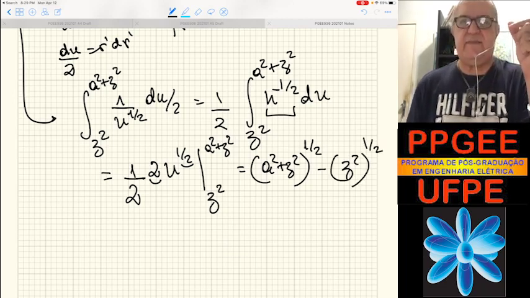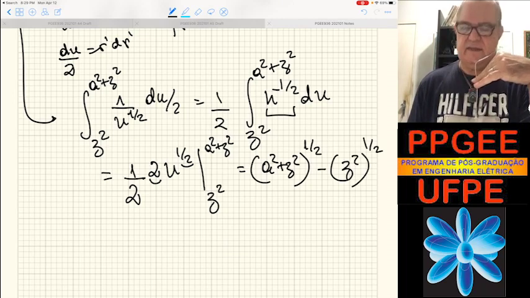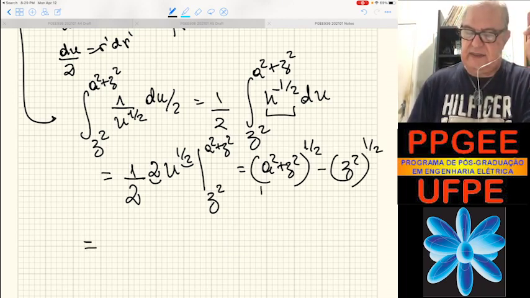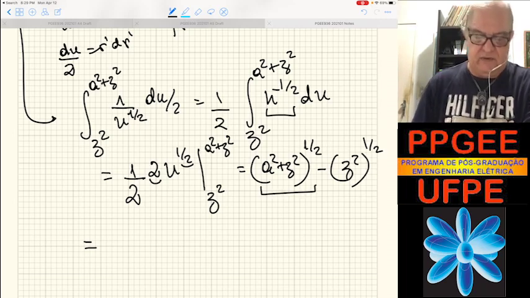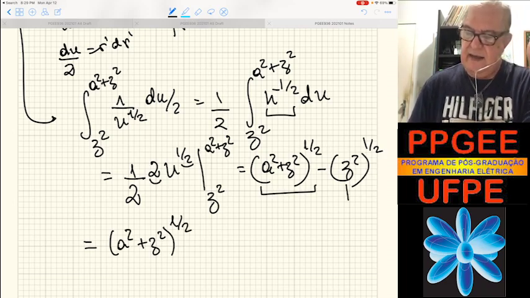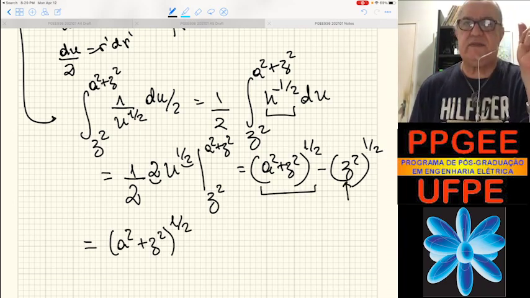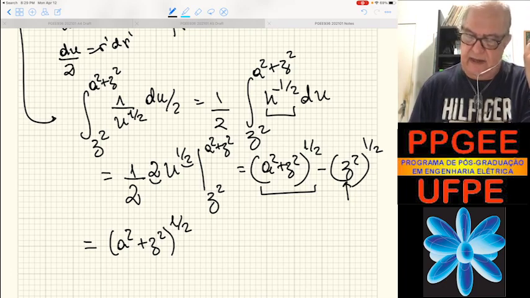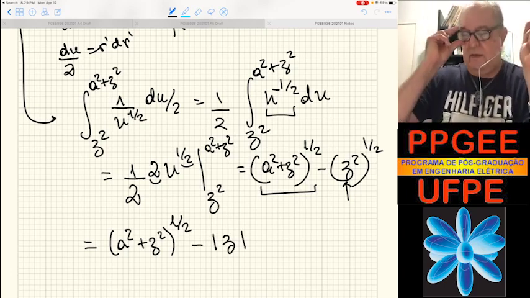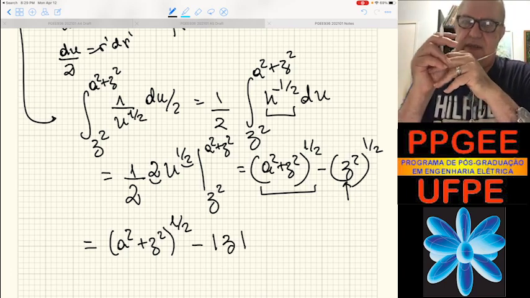Remember that z might be positive or negative, right? So we have to be careful when extracting the square root. This is always a positive square root. On the other hand, I have to make sure that the square root is always positive. So this is going to be minus magnitude of z. Okay? So that's how you do it.